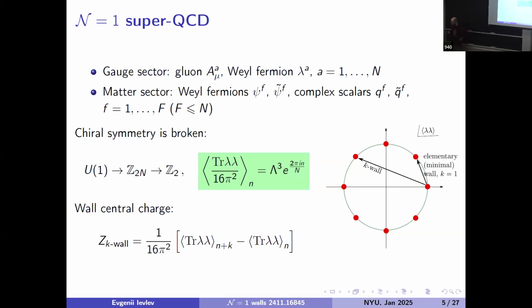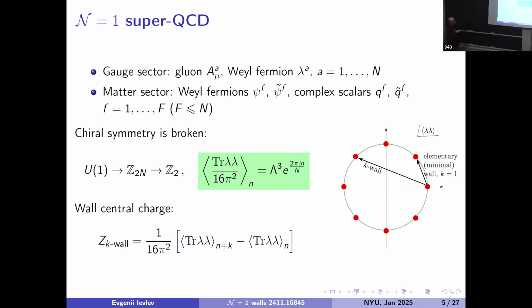So for each one flavor of fermionic quarks, you actually need two complex scalars in this theory. These pairs of Weyl fermions enter in this simplest setup in a vector-like way.